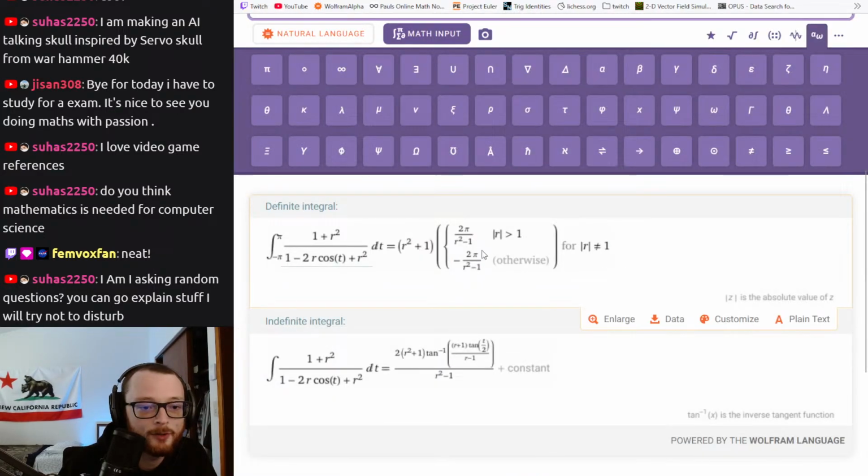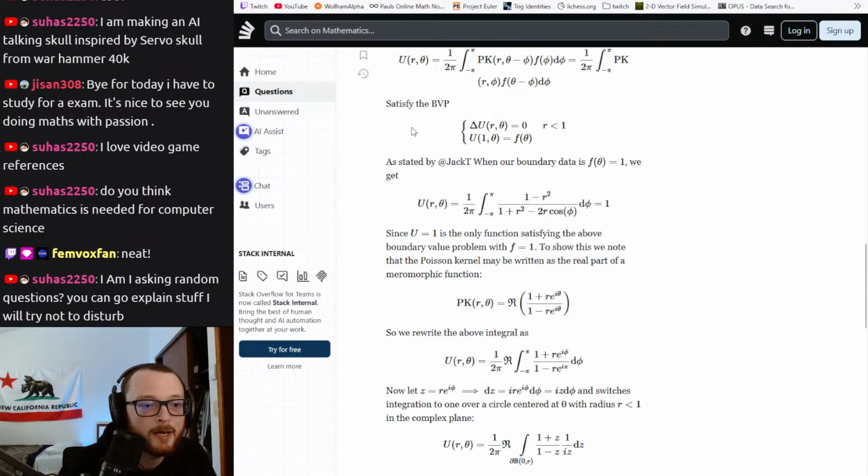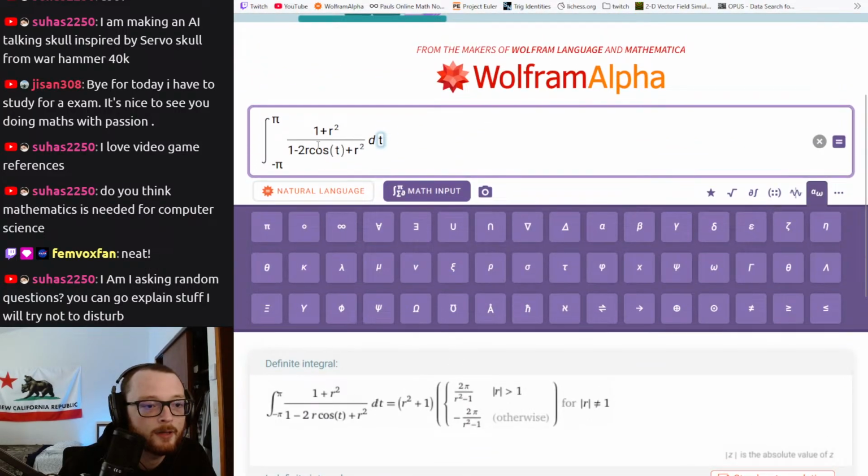Why doesn't Wolfram Alpha get 1 here? Oh, it's 1 minus r squared. And then we should get 1.